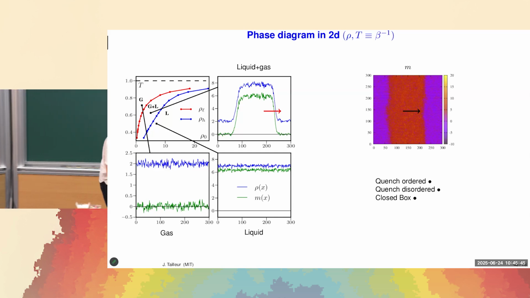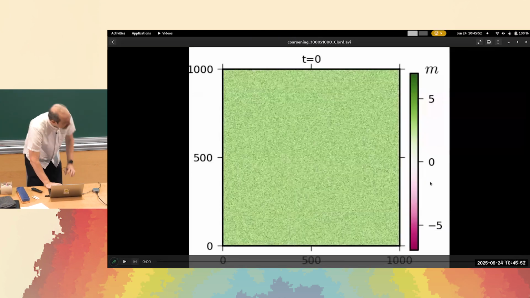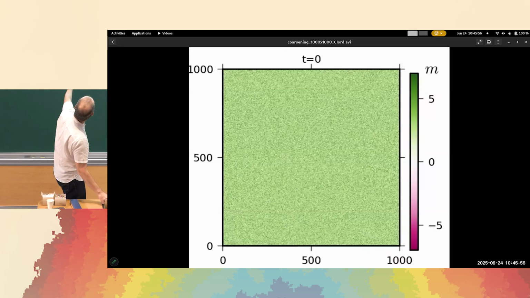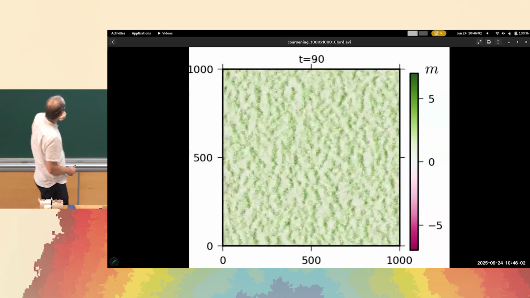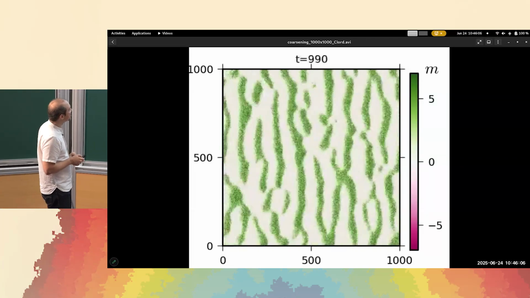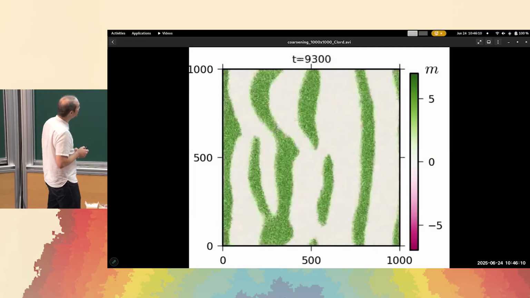To get a feeling of what happens in this system, if my computer allows me, yes. Okay, it's just discriminating against Mac movies, so it's fine. If I start from an ordered phase, and I increase the temperature to go into the coexisting phase, I get an instability. Here the color code is the magnetization. White means disordered, so there are particles, you just don't see them.